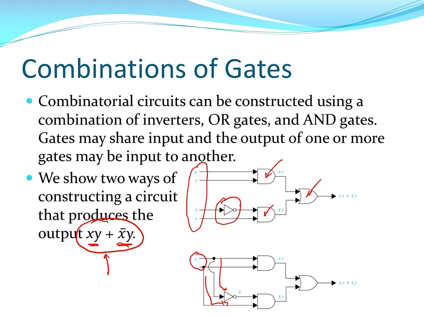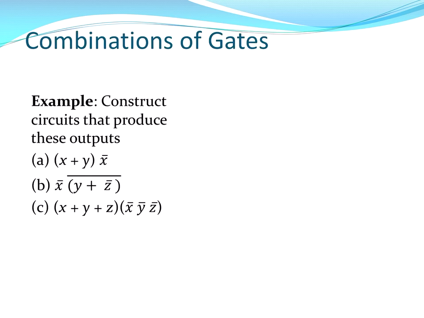Let's do a couple more examples. Here's the three. For A, we have a Boolean product, and before we do that, we have a Boolean sum to do first because it's in parentheses, and we have an inverter to add in there as well.